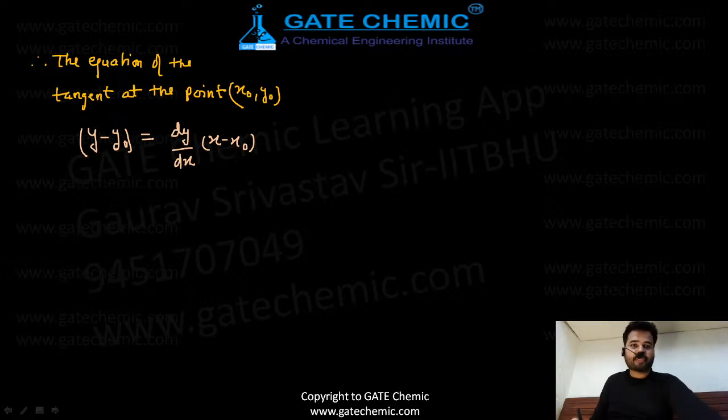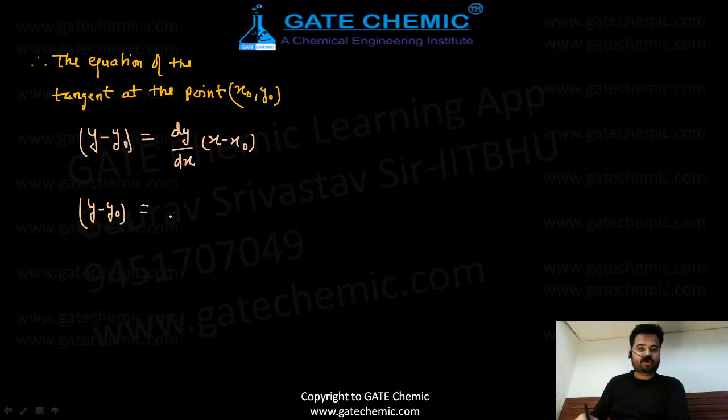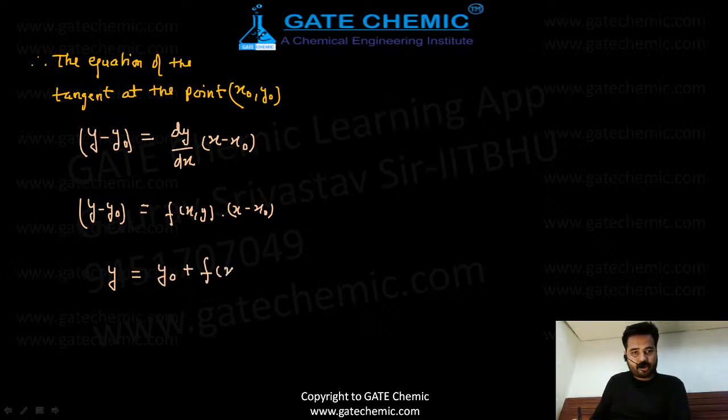Okay, now this equation can also be written as y minus y naught. In place of this dy by dx, by equation 1 you can see beta, this dy by dx becomes equals to function of x comma y. So I can write here function of x comma y into x minus x naught, and for y I can write this as y equals to y naught plus function of x comma y.